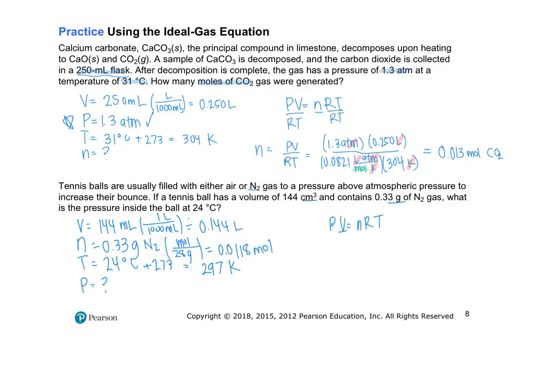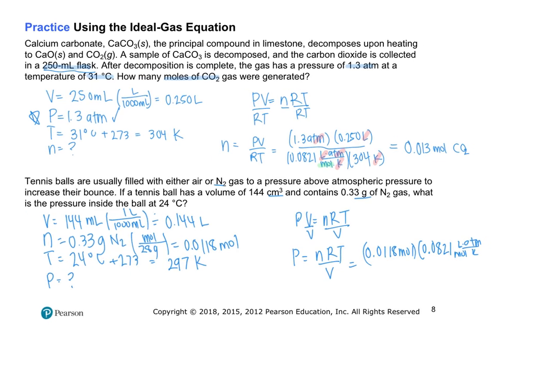All right, so let's plug in PV equals nRT. We're solving for pressure, so we're going to divide both sides by volume. So we get pressure equals nRT over V. Plug in our numbers, 0.0118 moles times the proportionality constant, 0.0821 liter atmosphere per mole Kelvin, and the temperature being 297 Kelvin.